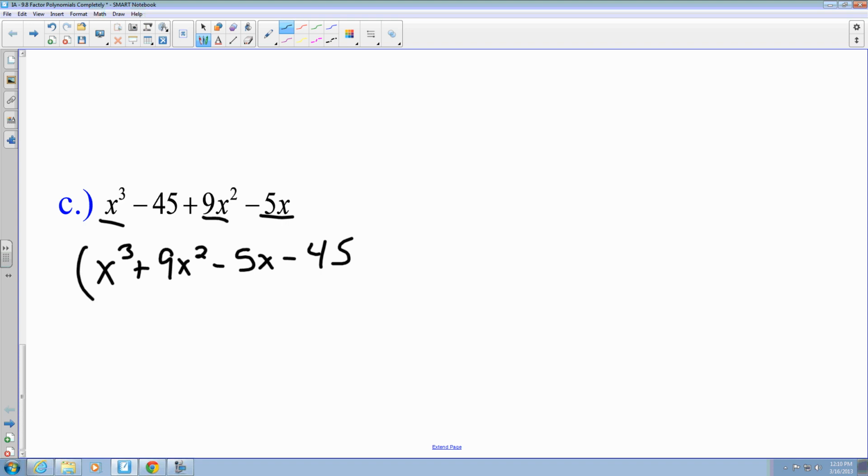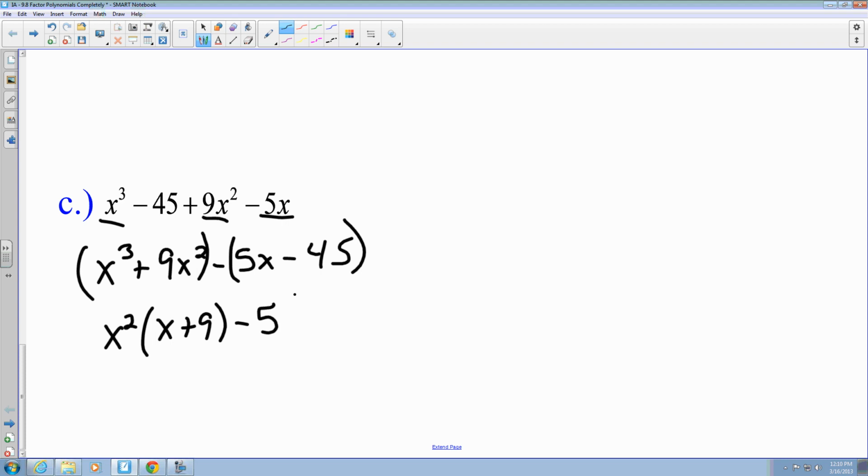So now let's try to group these ones. I can factor out an x squared here. So I can go x squared, and then I'm left with x plus 9 minus, and I can factor out a 5 here.